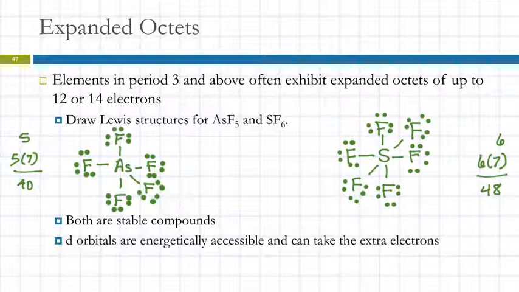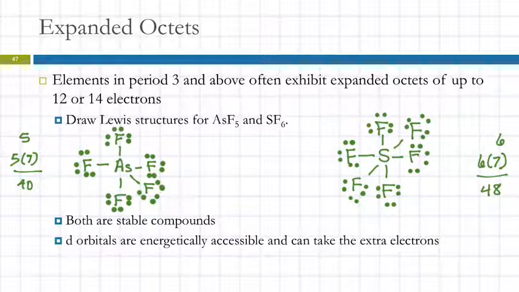They don't actually have electrons in there, but they have access to it. Just like if there's nobody staying on the top floor of a hotel, that doesn't mean the rooms don't exist. They're there. There's just nobody in them. So the 3rd floor, like for sulfur, those d orbitals are empty, but they're there. And if sulfur needs to form 6 bonds, it can put the extra 4 electrons in the D subshell. Okay?